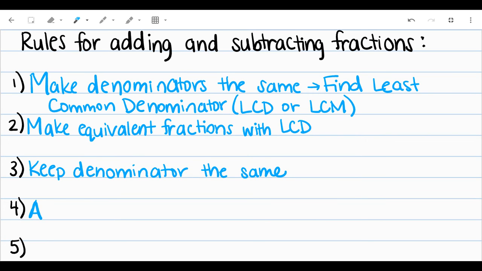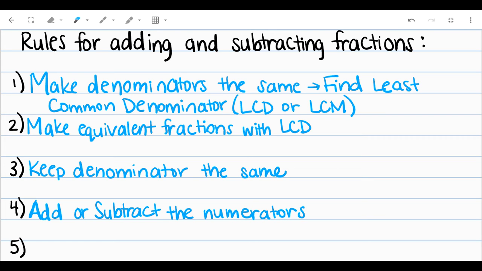We're just going to add or subtract the numerators. And then once we've done that, we now have an answer, and we have to check and simplify if needed.